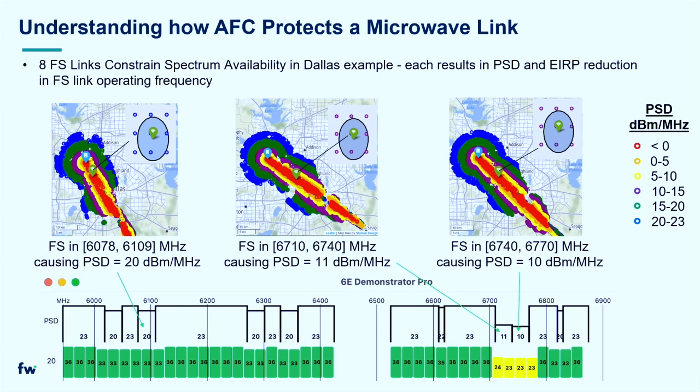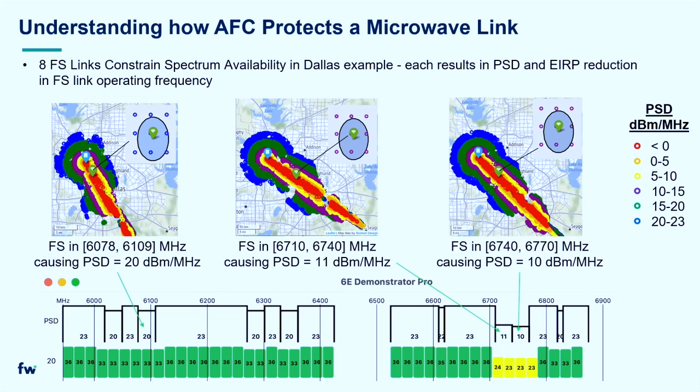So the power that we can offer it so that it won't cause excess interference to that incumbent is 20 dBm per megahertz. And then you can see, based on the response at the bottom, that over the frequency range corresponding to that incumbent, which is 6078 to 6109, we can reply back with 20 dBm per megahertz, and that's the power level that that device could go if it wanted to operate on those frequencies.